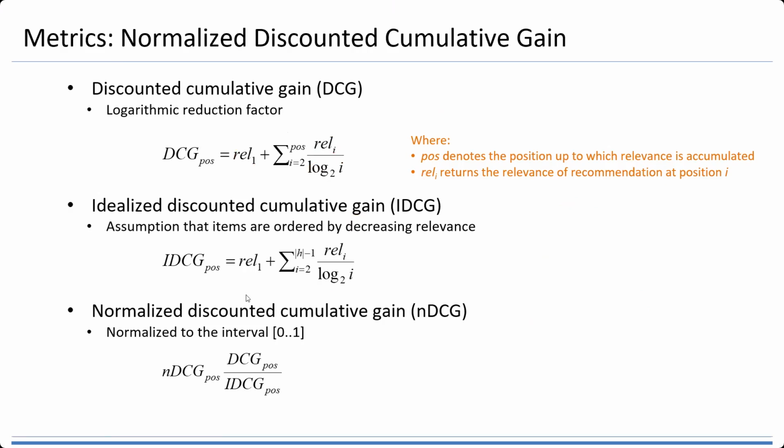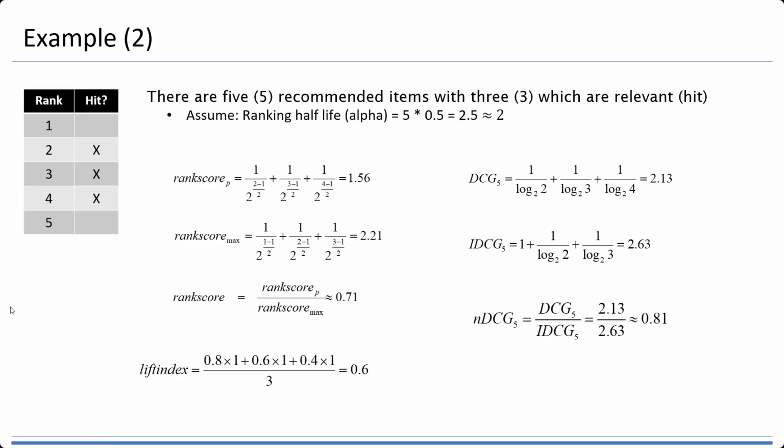That's why in the example, the hit is located in position 2, 3, and 4. The ideal or the maximum, we want to know if it is located in position 1, 2, and 3. Okay, because we have 3 items. And the formula is using the log.